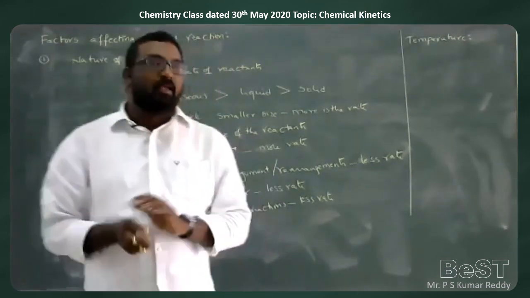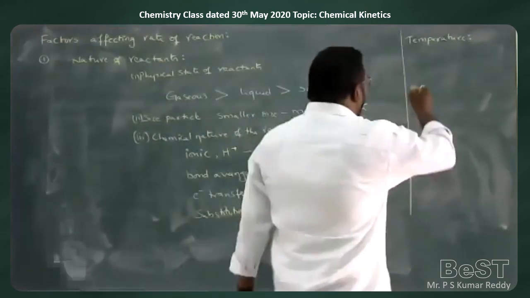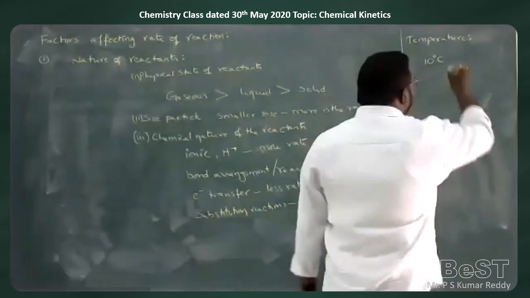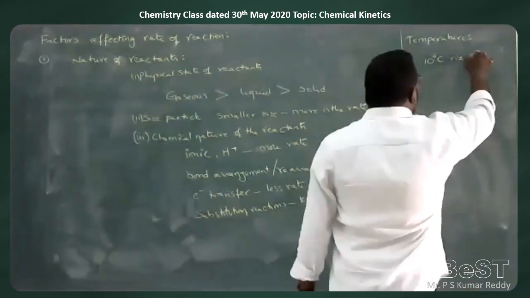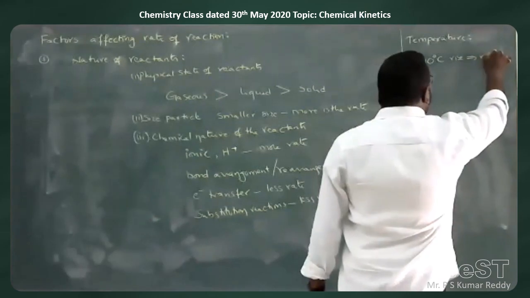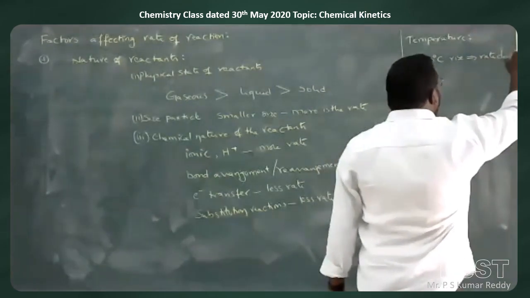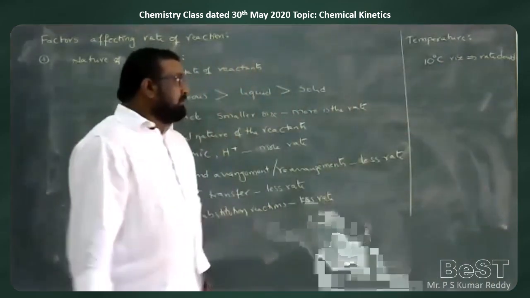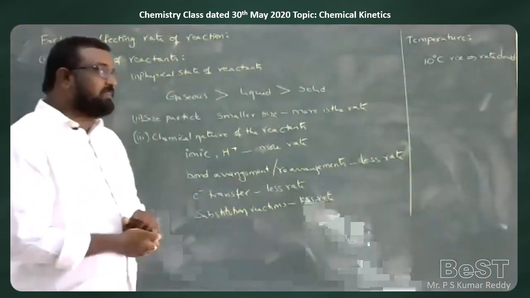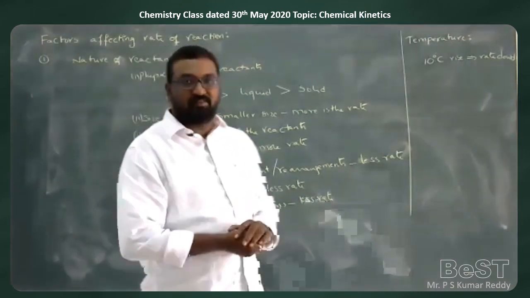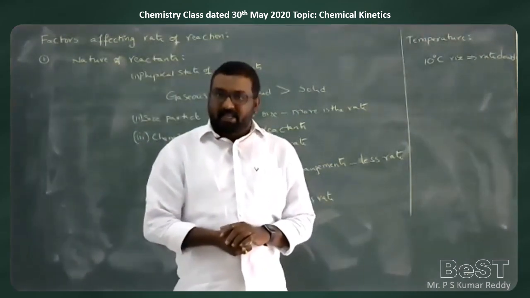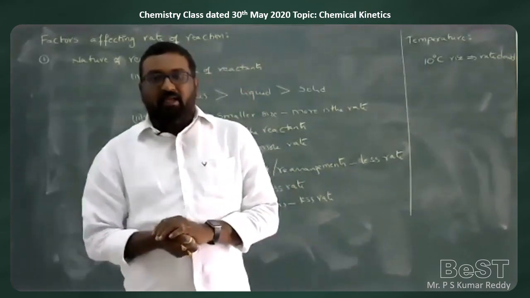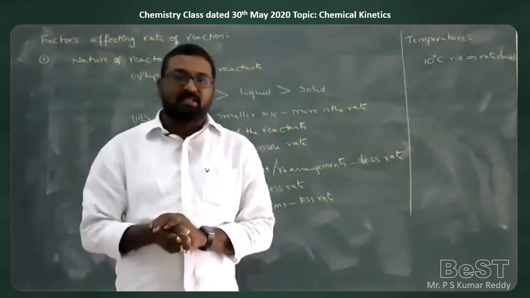It is said that for every 10 degrees rise in temperature, the rate doubles in general. So this is a generalized statement. As we increase the temperature, the rate of the reaction will increase. For every 10 degrees rise in temperature, the rate of the reaction doubles.